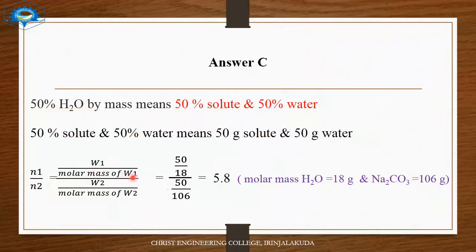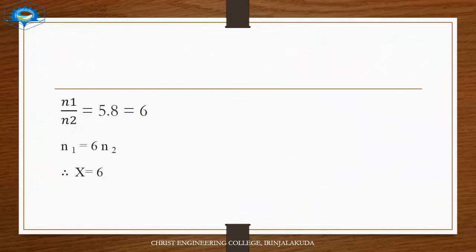So substitute the values in the equation: W1 by molar mass of W1, which is water, divided by W2 by molar mass of W2, which is sodium carbonate. We substitute, N1 by N2 becomes 5.8, which is approximately equal to 6.